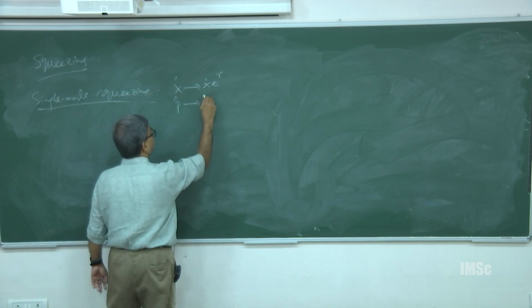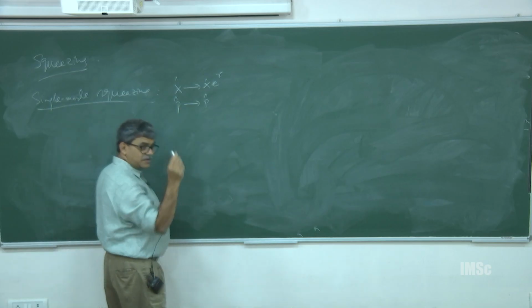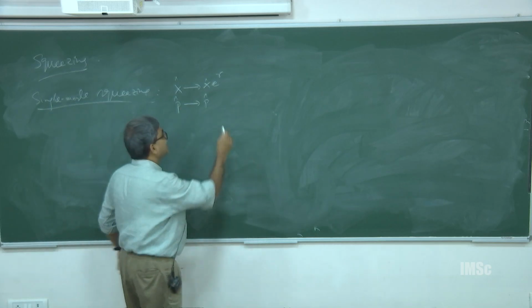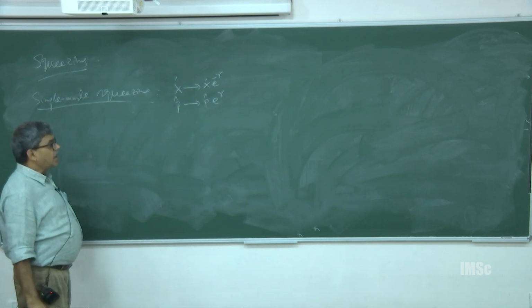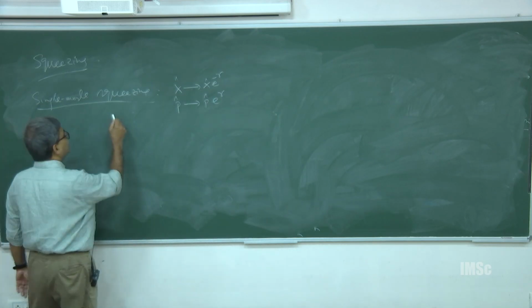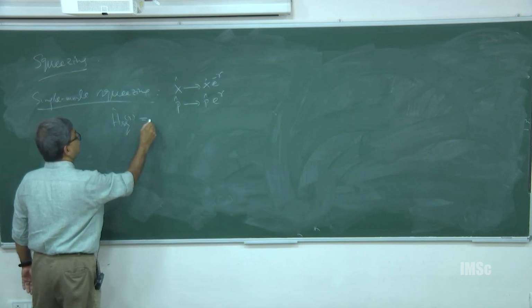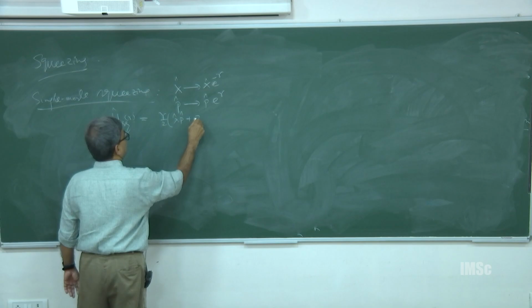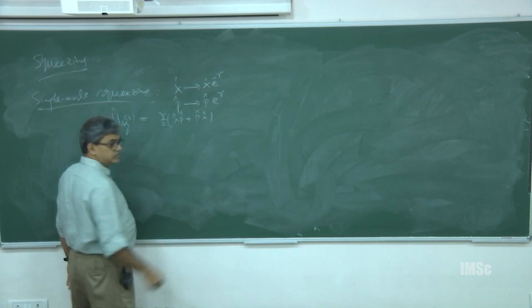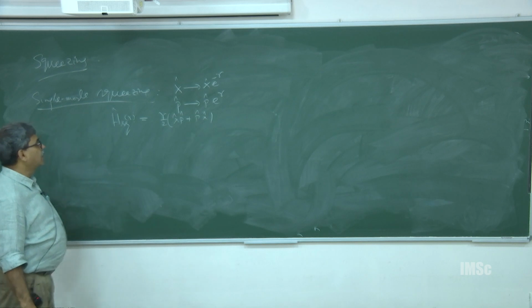P goes to p e to the power minus r, okay. And then the corresponding squeezing Hamiltonian H_SQ(r), this was what? r by 2 (xp plus px), right? For this case, I guess so, right? Minus r and r, okay.